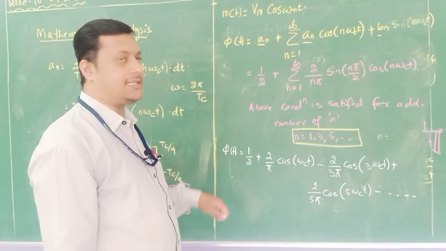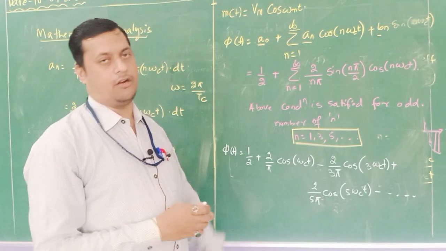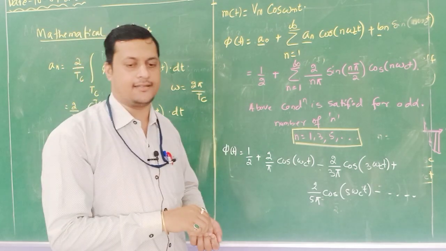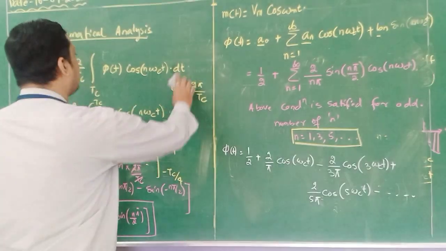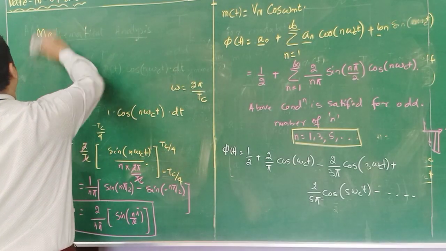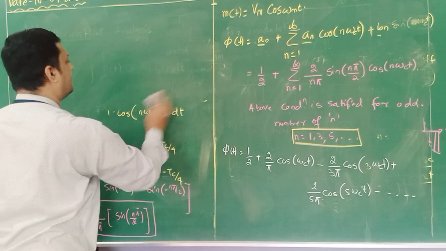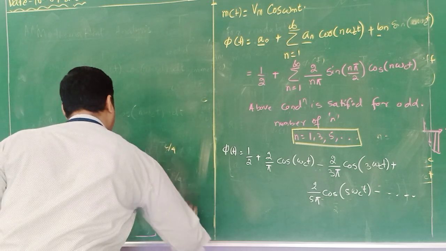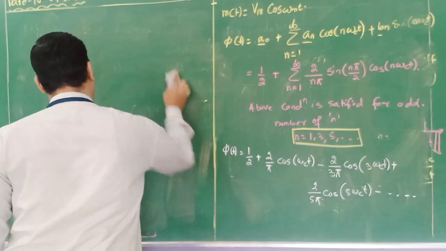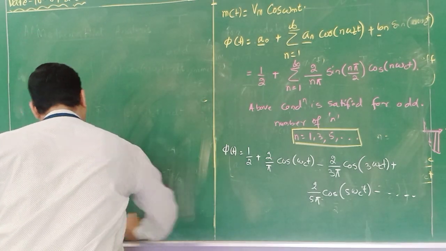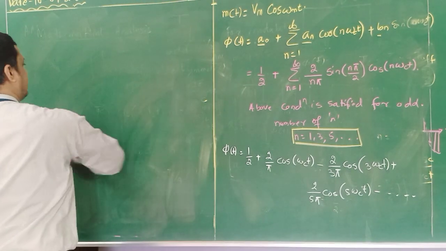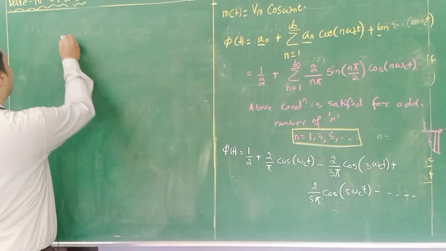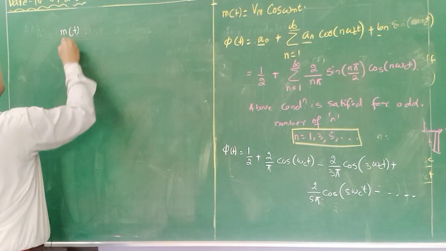Now this pulse train is multiplied with my modulating signal so that we can generate the DSB-SC signal. How? Let's see. This is my message signal.